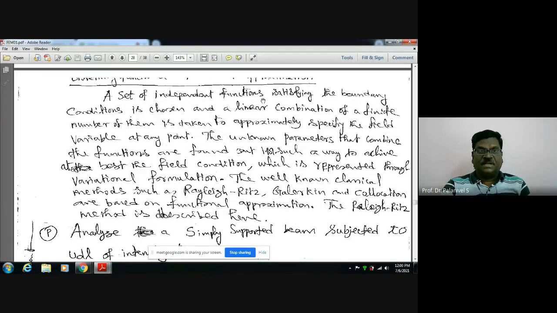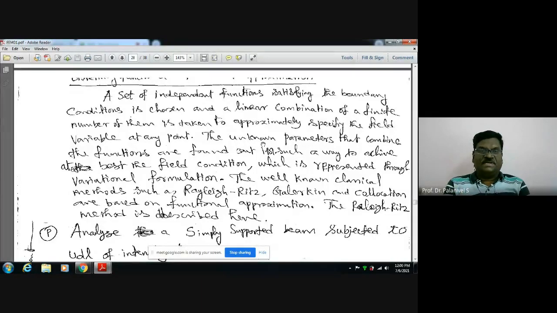A linear combination of a finite number of them is taken to approximately specify the field variable at any point. When we combine the chosen functions linearly, we use unknown parameters, called coefficients.